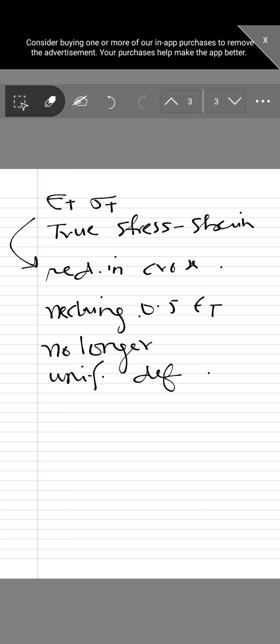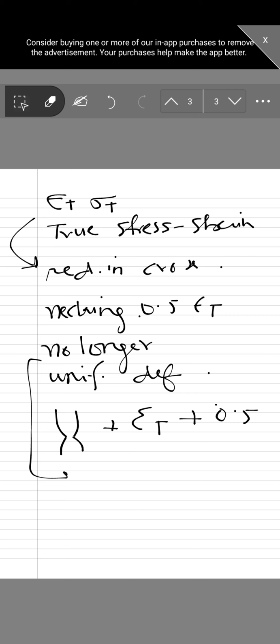That means due to the reduction in the cross section, the uniform deformation no longer exists. So this true stress strain plot is of no use.